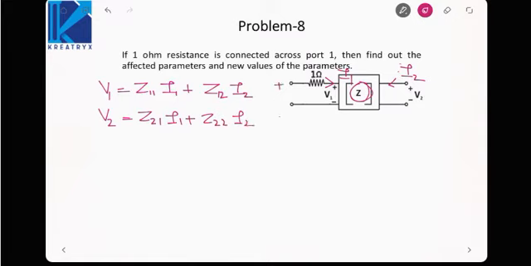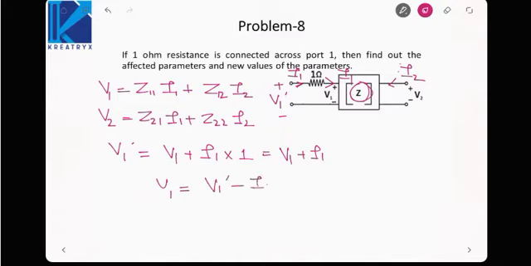Now let us assume the voltage here as V1 dash. Now V1 dash is actually equal to V1 plus I1 into 1. That is V1 plus I1. And the current here will be same as I1. Now if you substitute V1 equation as V1 dash minus I1.